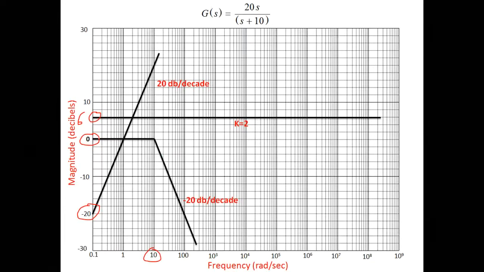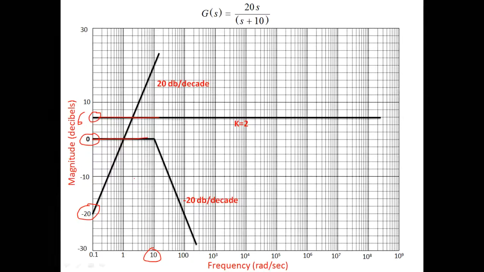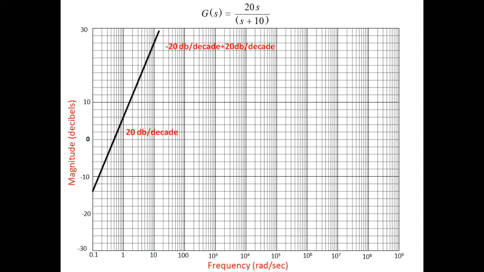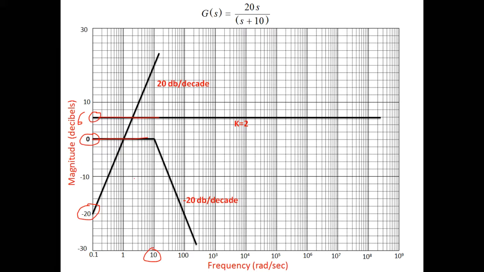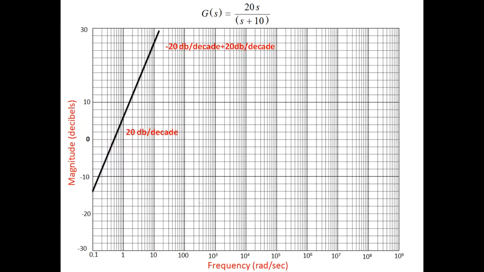So here, then the slope: we have only one slope, since here we have a constant 6 and here we have 0. Is it clear? So until 10 we have only one slope. We start from minus 14 and we have only one slope, which is 20 decibel per decade.